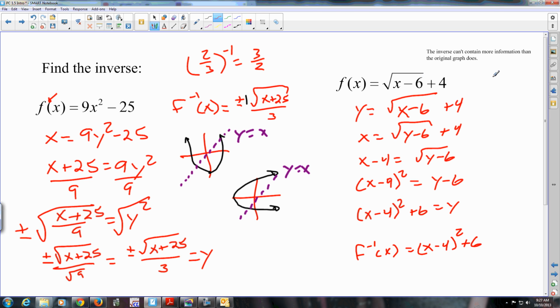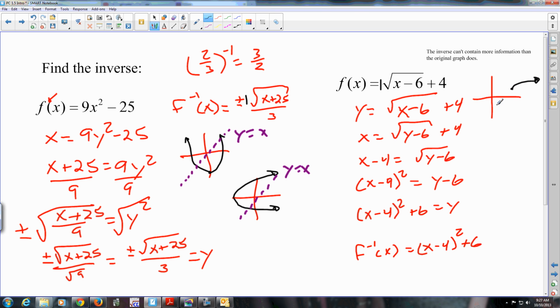The original graph is a square root graph, and you guys know where it starts: 6 units right, 4 up. A is positive, so it's going to be the upper half of a sideways parabola.